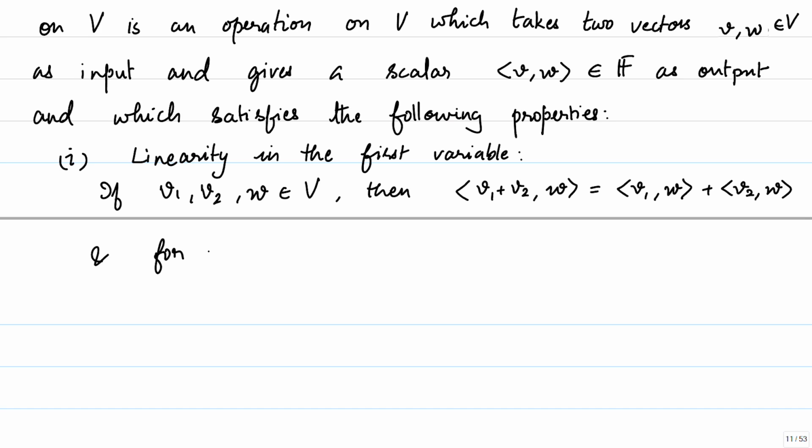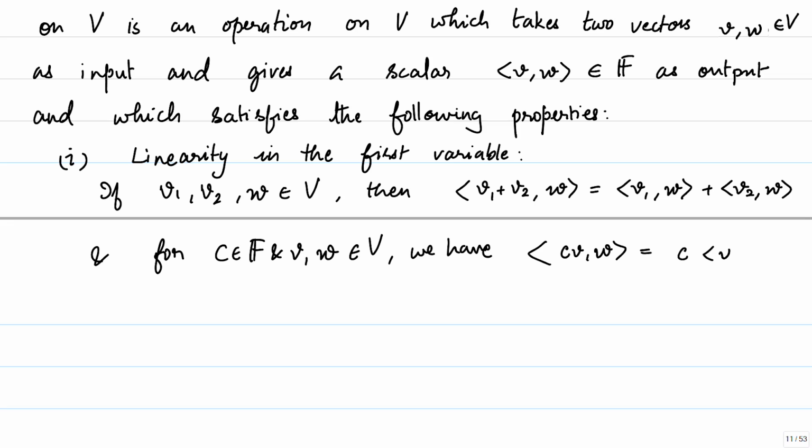And for C in F, V comma W in capital V, this is AND, not to confuse you, and we have the inner product of CV with W is equal to the scalar C times the scalar which is given by the inner product of V and W. So, that is the first property that we would like the inner product to satisfy.